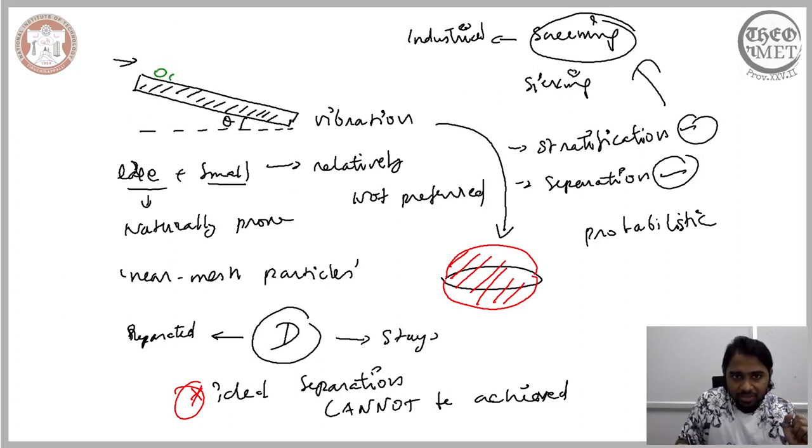When the particles are fed onto the screen, we need to ensure that sufficient time is spent on the surface, so that the interaction between the particles and the screen is adequately allowed. One way of doing that is reducing the amount of feed, or reducing the rate at which you feed in your particles.